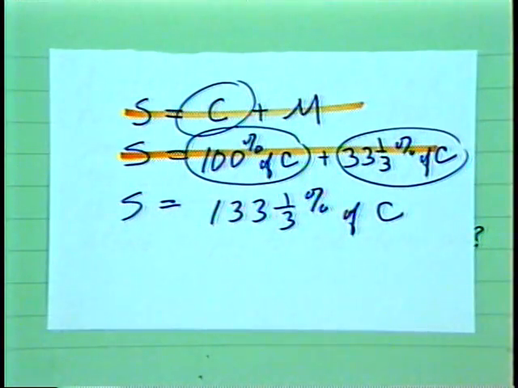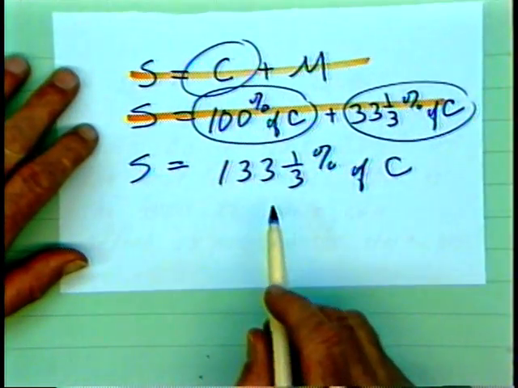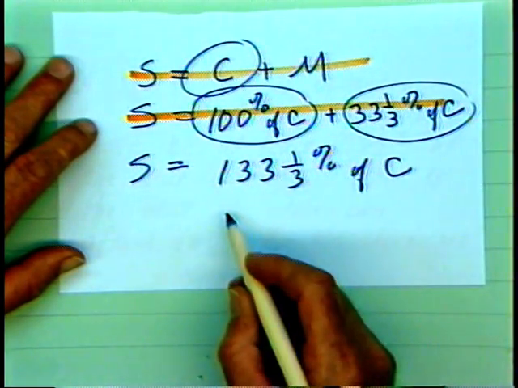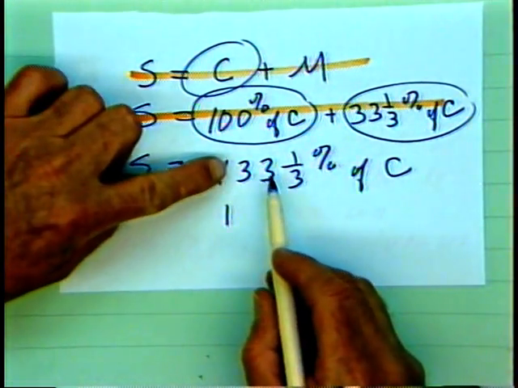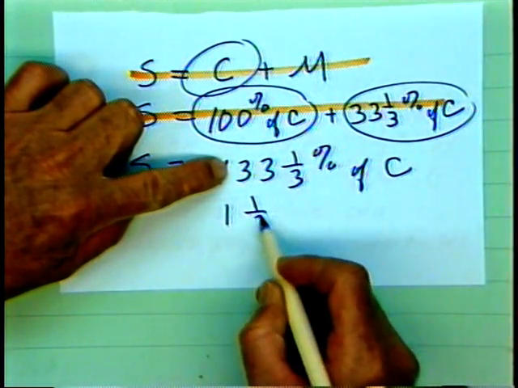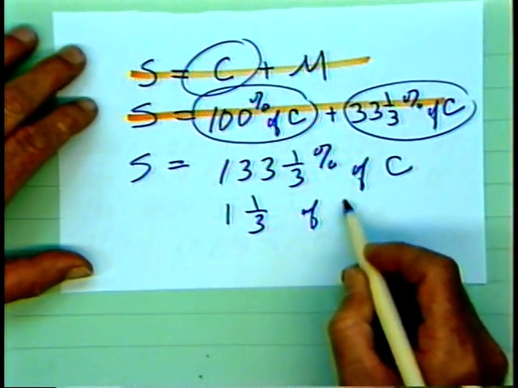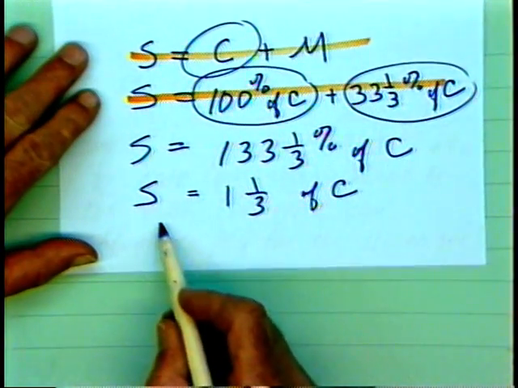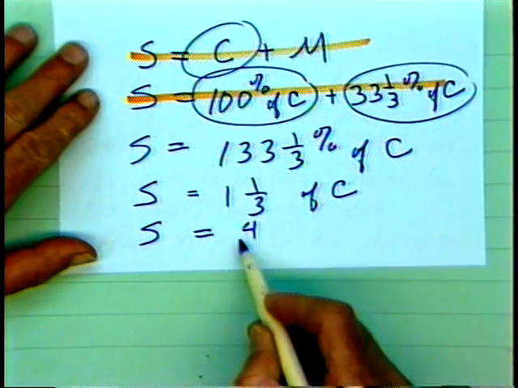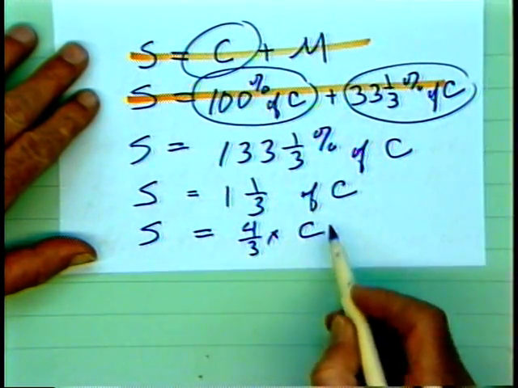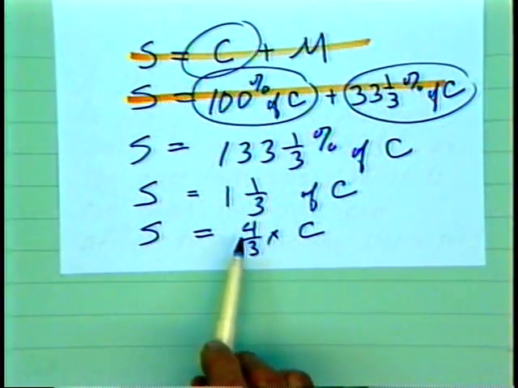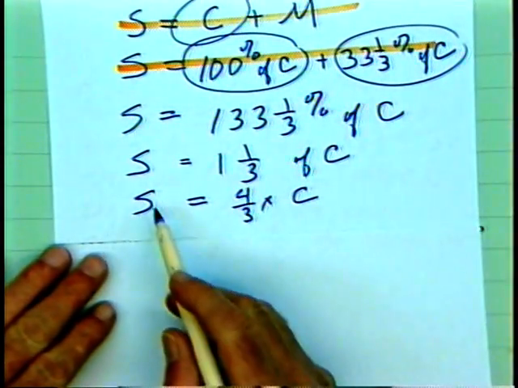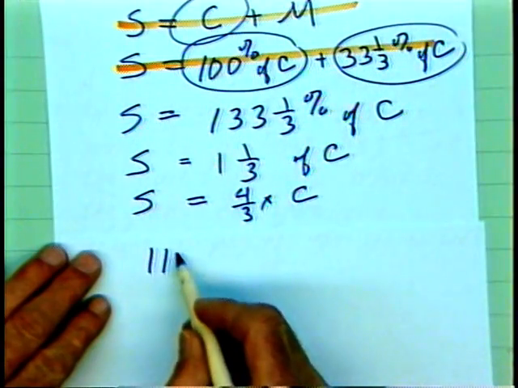And perhaps you might recall that 133 1/3% is 1 and 33 1/3% is 1/3 of cost. And you might also recall that this is 4/3 times cost. And in this case, we don't have that long decimal, do we? But the selling price, we knew we wanted to be $110.